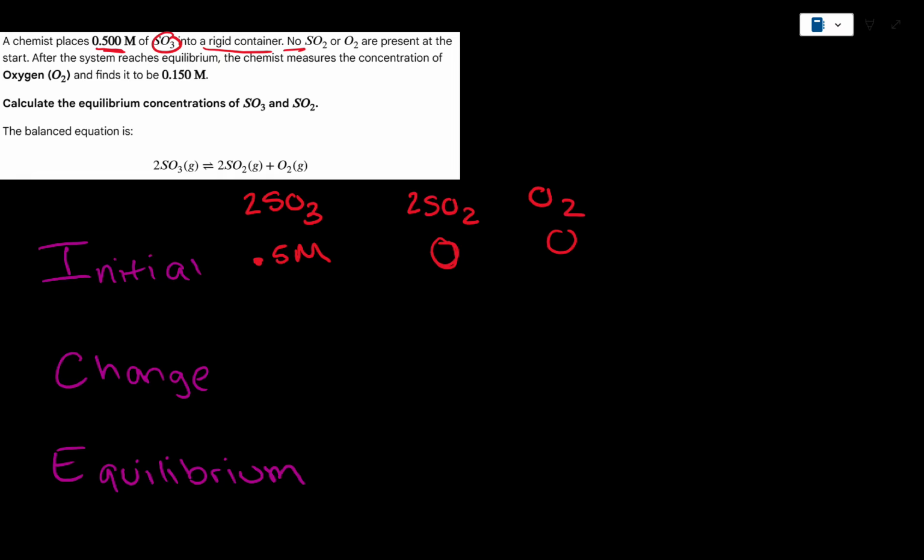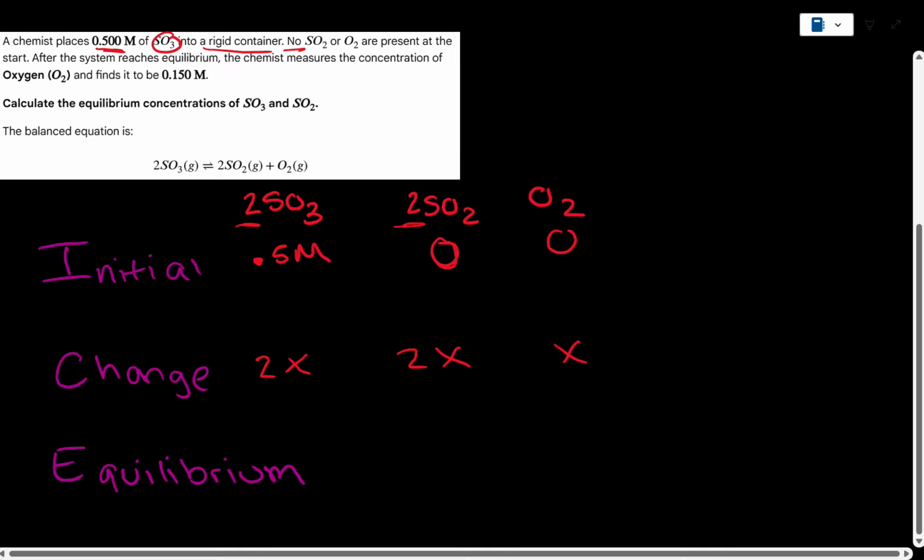Now for change, the way we represent change when doing this is by simply putting x. X is a variable that represents change. And what we also do is, if the compound has a coefficient, then we also add that coefficient to the x. So this is going to turn into 2x, 2x, and this doesn't have a coefficient, so it can just stay as x.